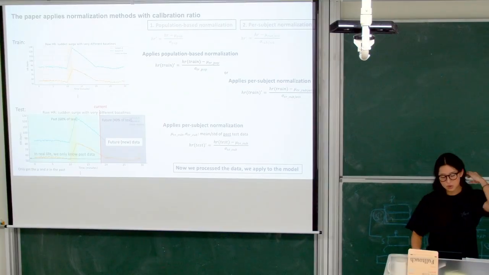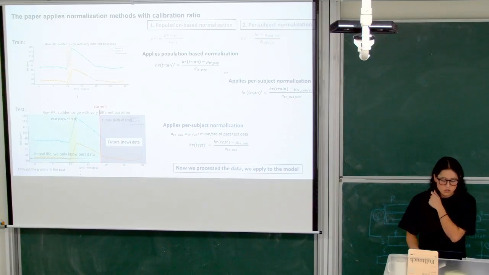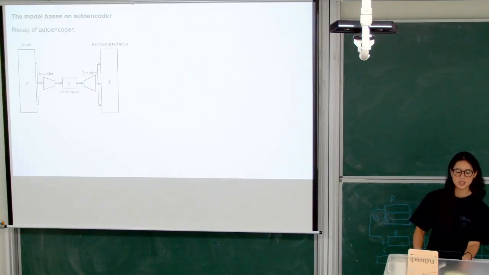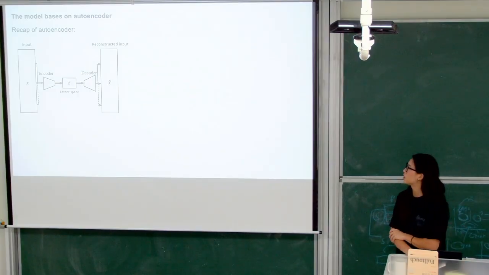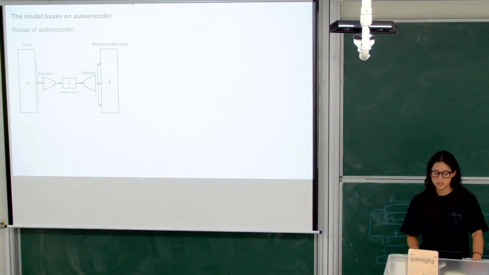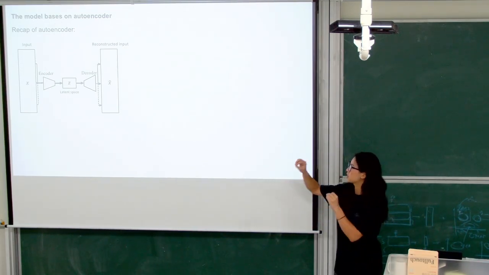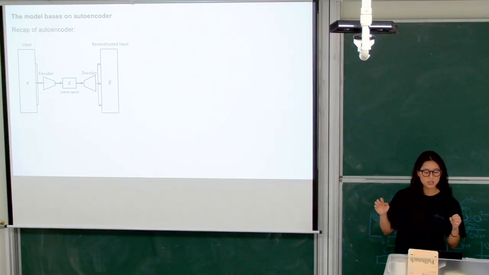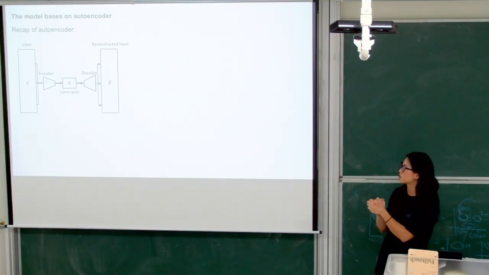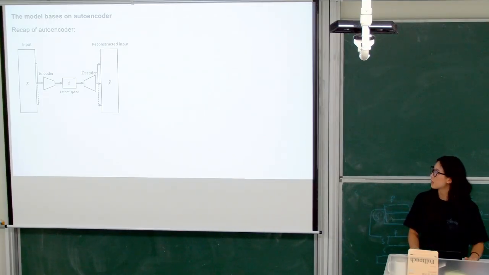So with this processed data, we will apply it to the model. This model is based on an autoencoder, and we talked about autoencoders before in our other journal clubs, but simply it's made out of an encoder, latent space, and decoder, where the point is to extract important features and then predict the output based on that.